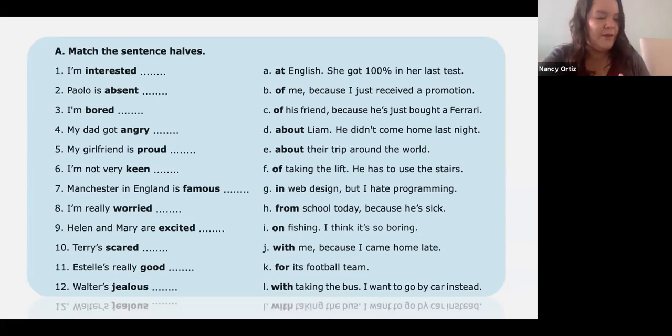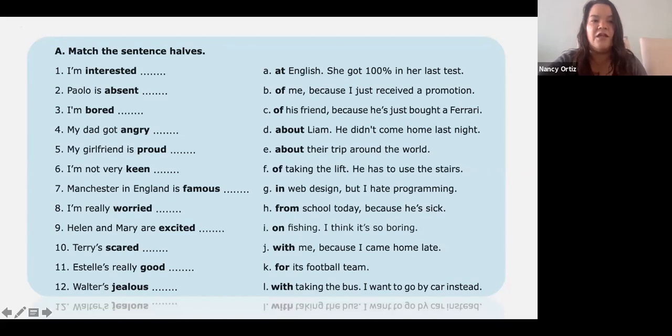So let me repeat the answers for you. First, we have interested in, absent from, bored with, angry with, proud of, keen on, famous for, worried about, excited about, scared of, good at, and jealous of.